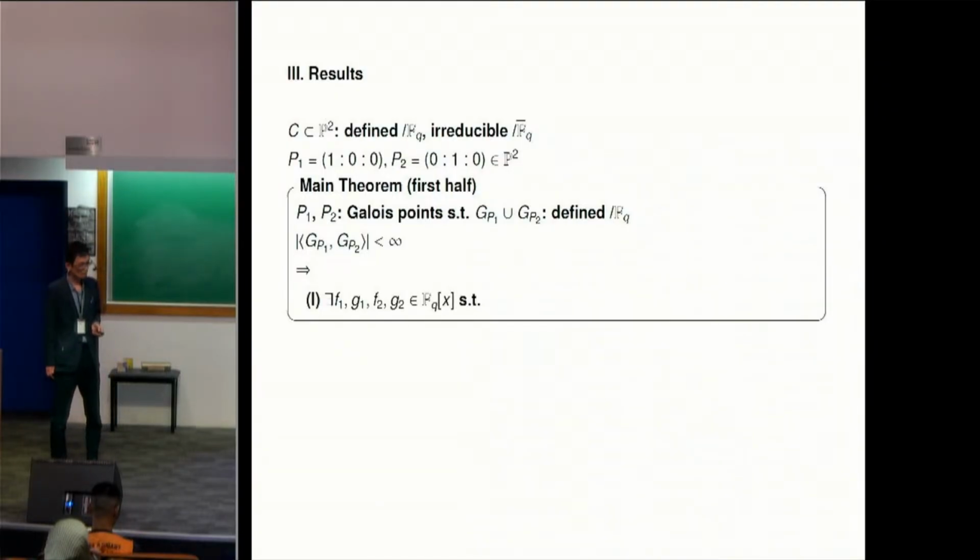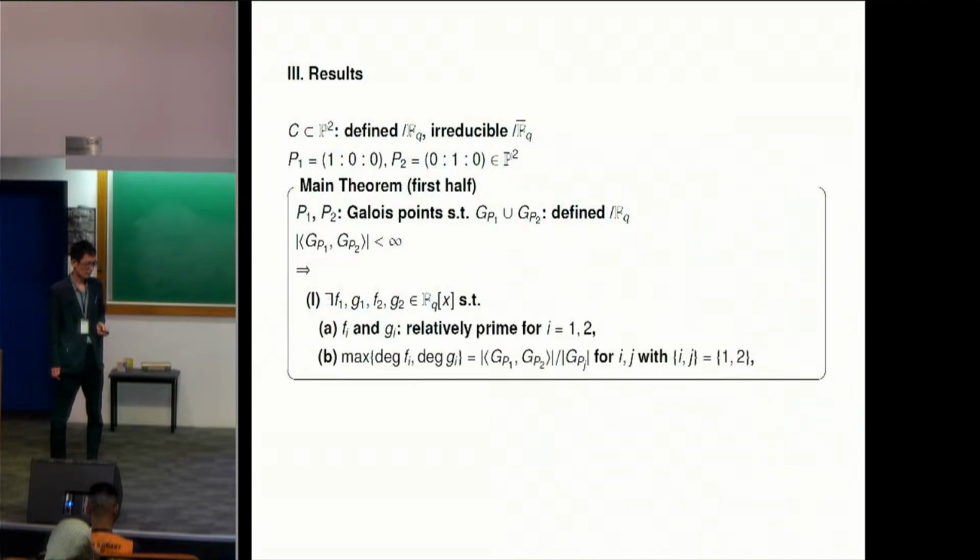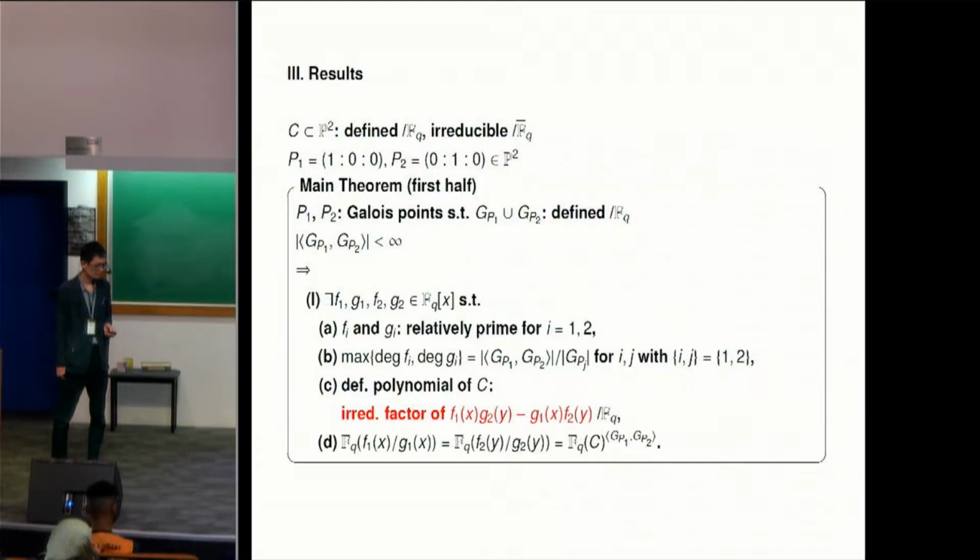There exist 4 polynomials f1, g1, f2, g2 over Fq such that the following four conditions are satisfied. A and B are natural conditions. C and D are crucial. The defining polynomial of C is an irreducible factor of f1(x)g2(y) minus g1(x)f2(y) over Fq.